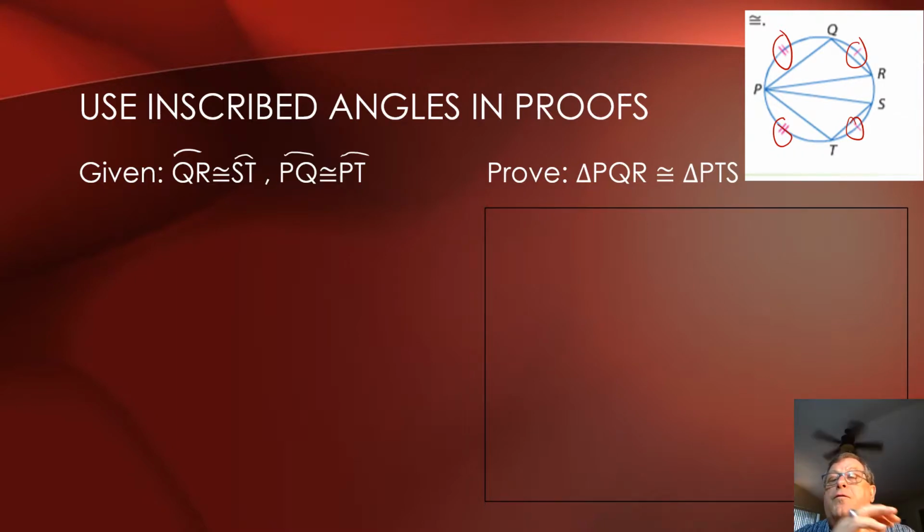And we're trying to prove that triangle PQR, this triangle right in here, is congruent to triangle PTS, this triangle right here. Now, let's see if we can work our way through this.